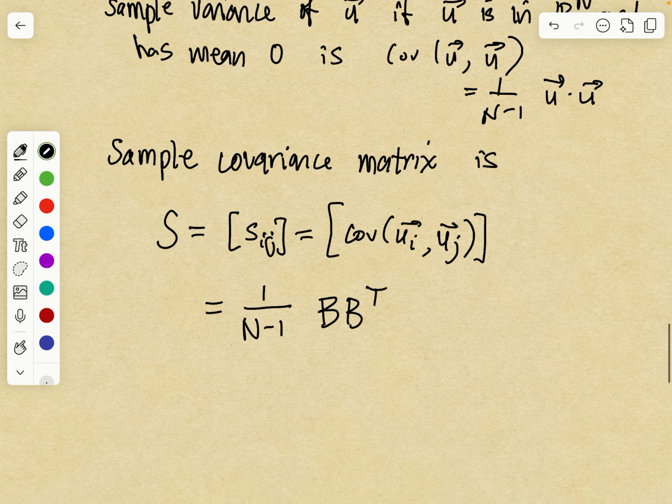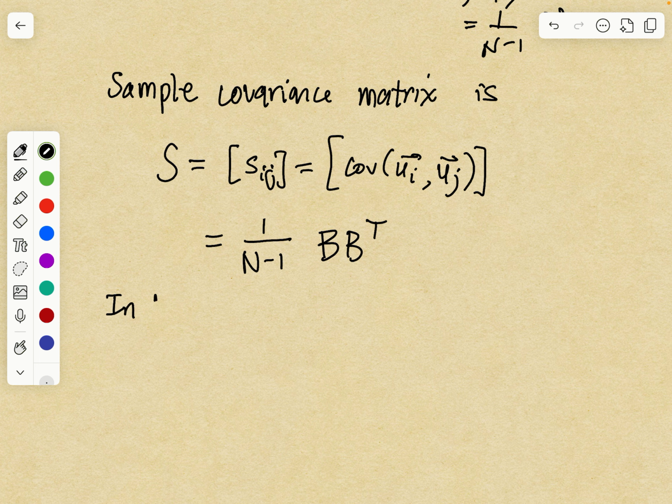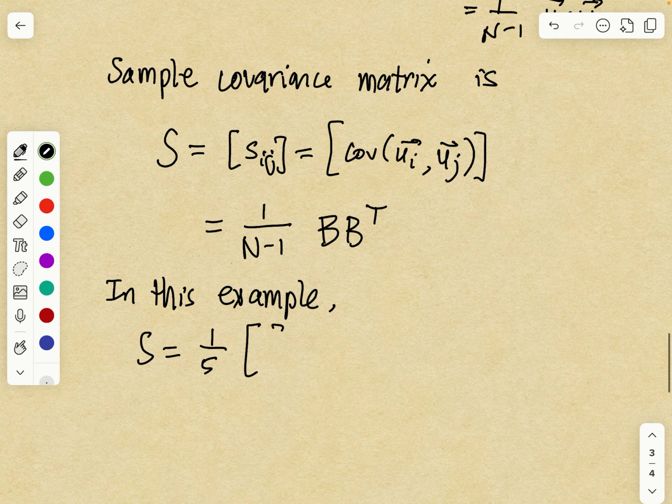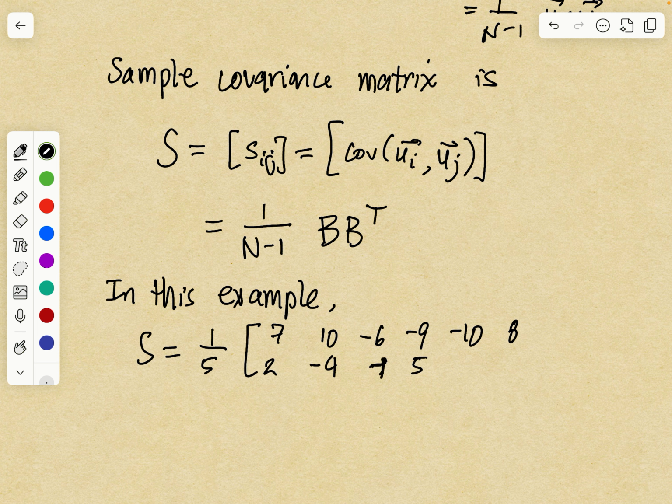Let's see why this is true. In this example, S is 1 over 5 times B, where B is this matrix, times B transpose.